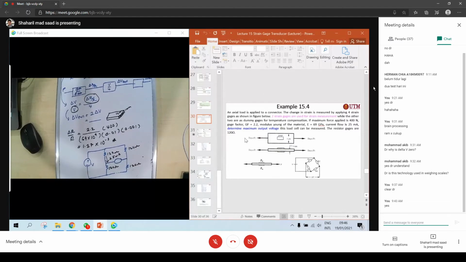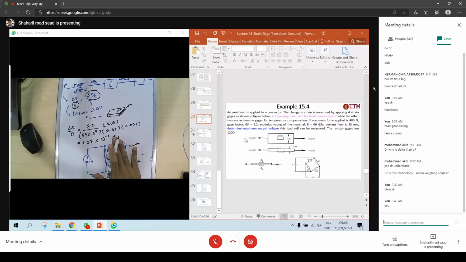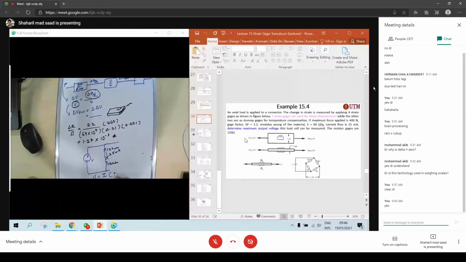All right, so we can find the current for this one. It is like when you close this one, right? So it is like if you don't have all this one. So V equal to I times 120 plus 120 ohm.